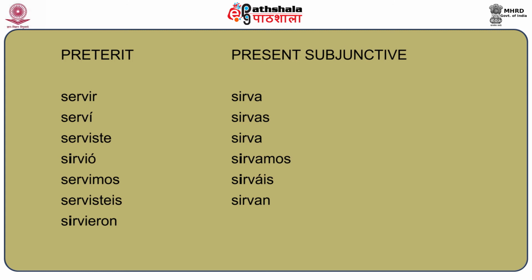So the conjugations of the verb servir in the present subjunctive is like yo sirva, tú sirvas, él, ella, usted sirva, nosotros sirvamos, vosotros sirváis, ellos, ellas, ustedes sirvan.